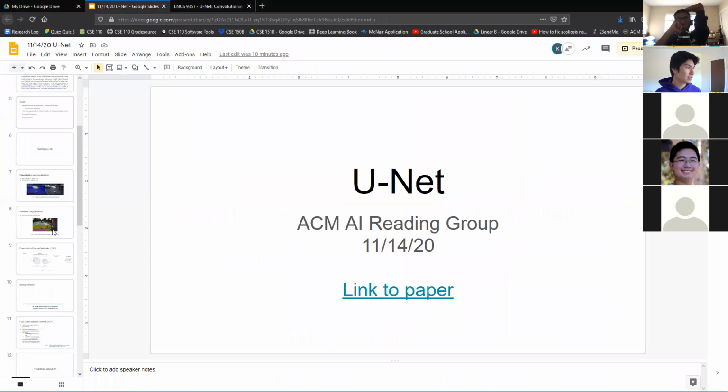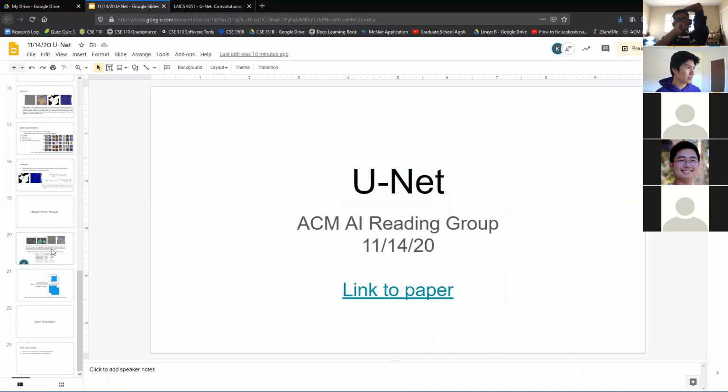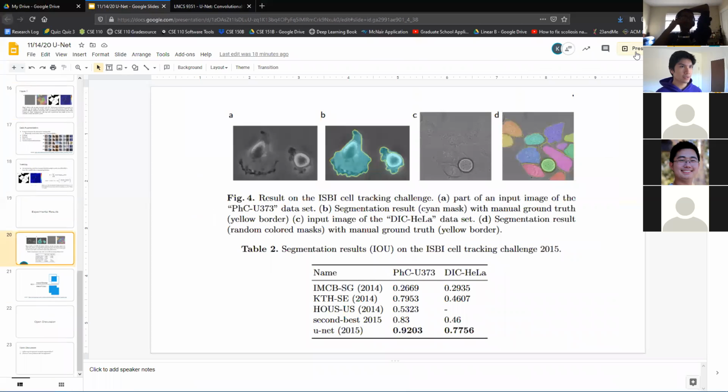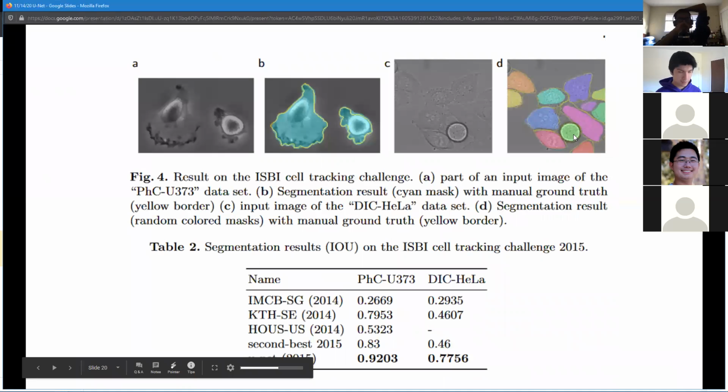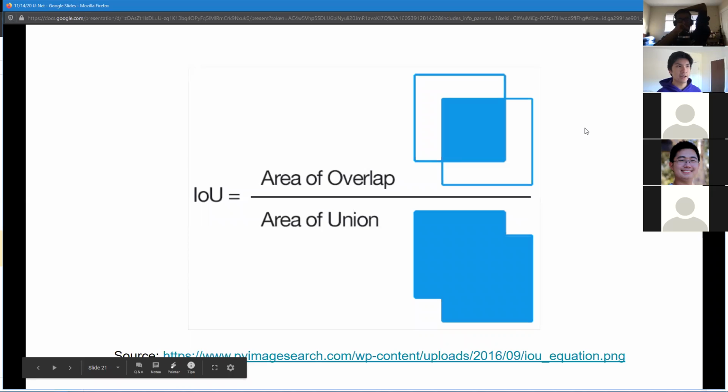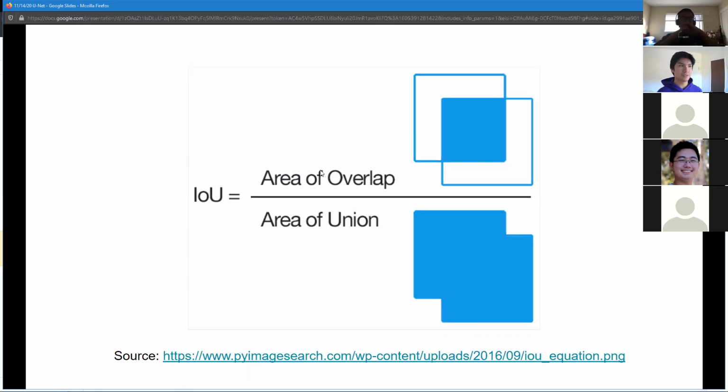Let's see if I can go back. So this is all that IOU is looking at. It's quite literally the intersection. If you've taken 21 or learned set theory somewhere, the intersection is just the part that is shared. And you basically divide it by the union.